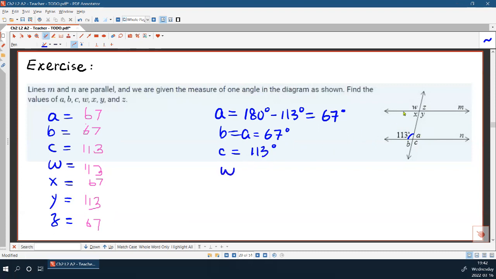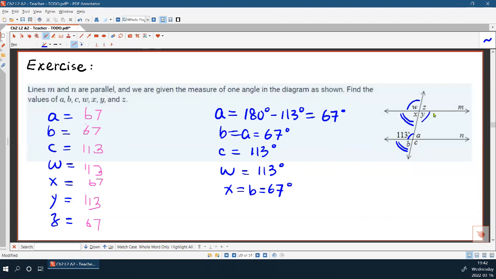And W is here. Because M is parallel to N, W is the corresponding angle of 113, so W is also 113 degrees. And X and B are corresponding angles, right? So X equals B, which is 67 degrees.